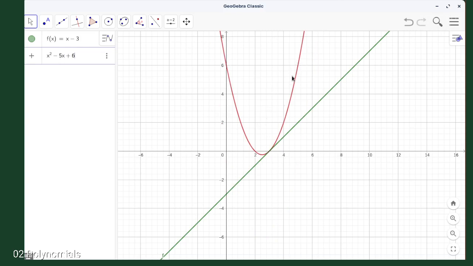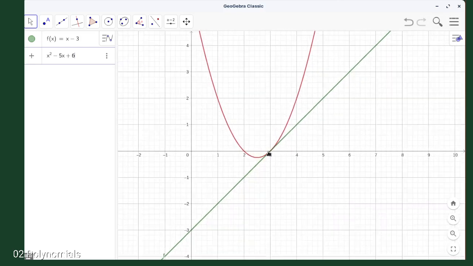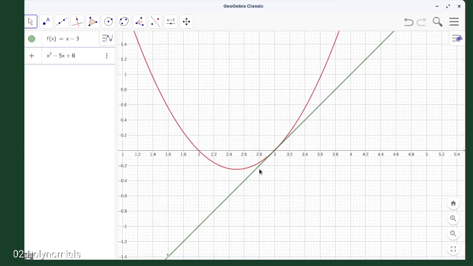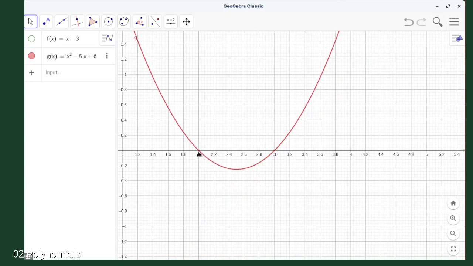If you are not aware of it, this is called a parabola. Let me hide the line here. When you zoom in to the x-axis, you see there is a 2 over here and a 3 over here. In other words, the graph of this polynomial intersects the x-axis exactly at 2 and 3.